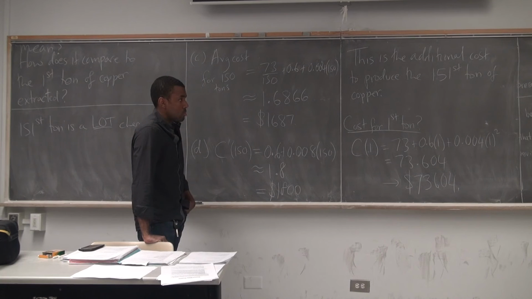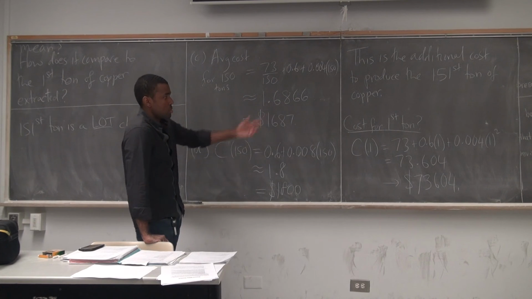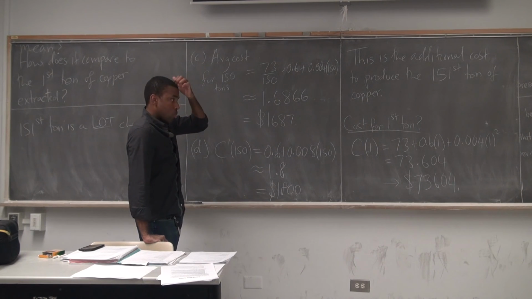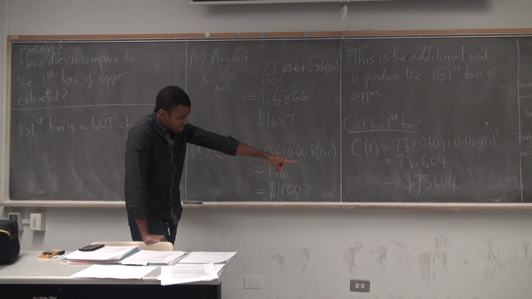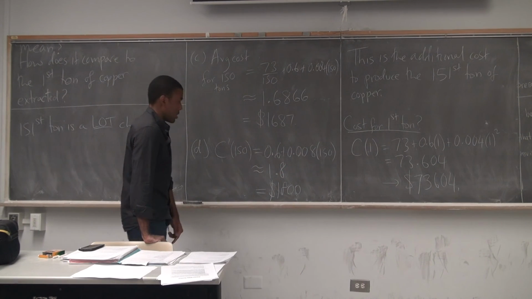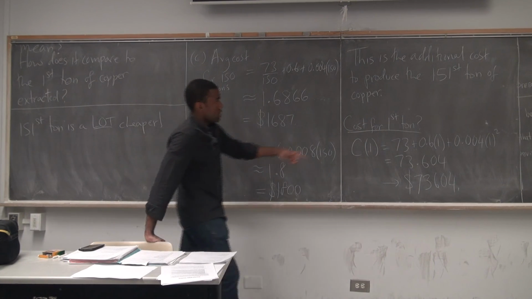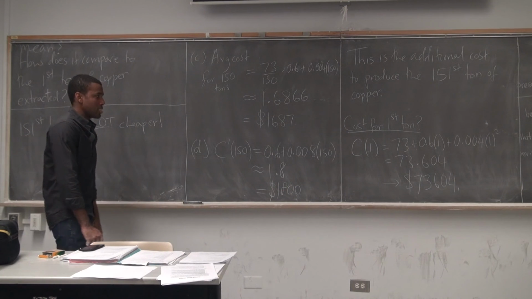The cost function, the very first function I wrote. It was the cost to produce some number of tons. So to produce the first ton is just the cost function evaluated at 1. To produce the first ton, it cost me $73,604. To produce one more ton after I've produced 150, it only costs me $1,800. Does that even make sense?